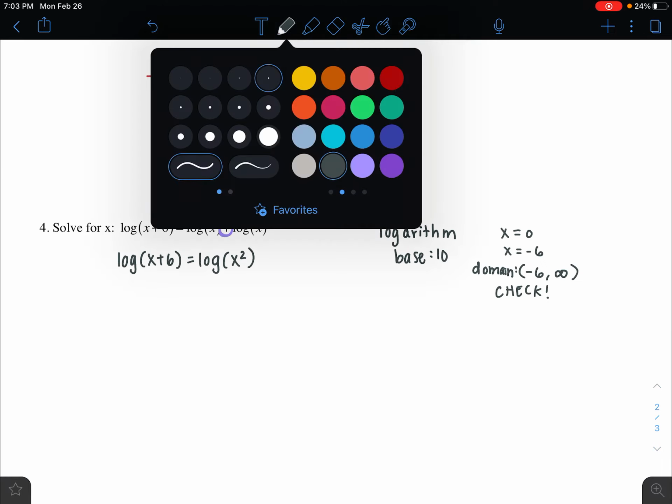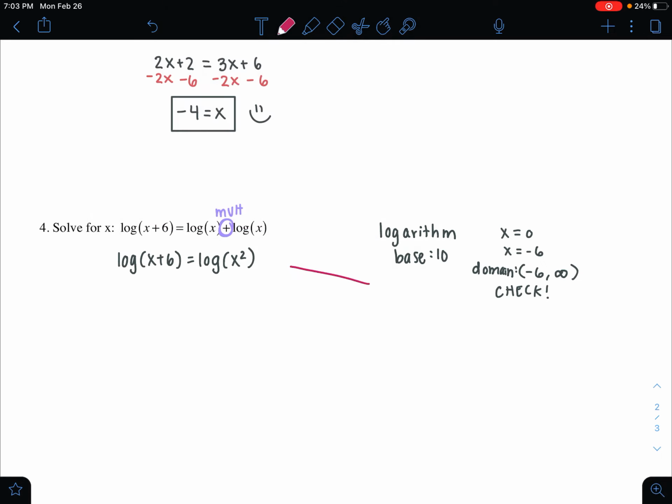Now, what's the inverse of a log? An exponential. And since the base was 10, we do the big 10 line equals big 10 line.